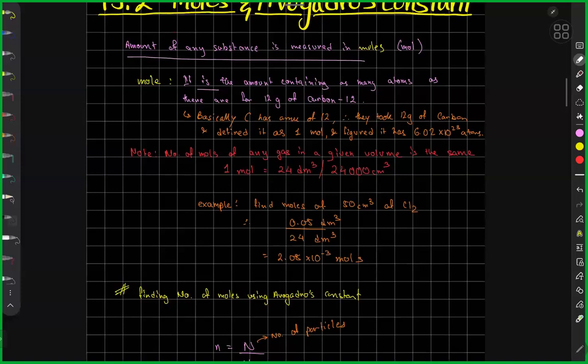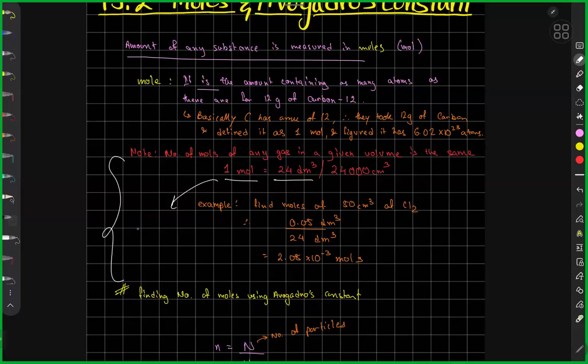Now, you have learned about this conversion in chemistry. If you have not, I will repeat this. Now, number of moles of any gas in any given volume is the same as 1 mole equals 24 dm cube.